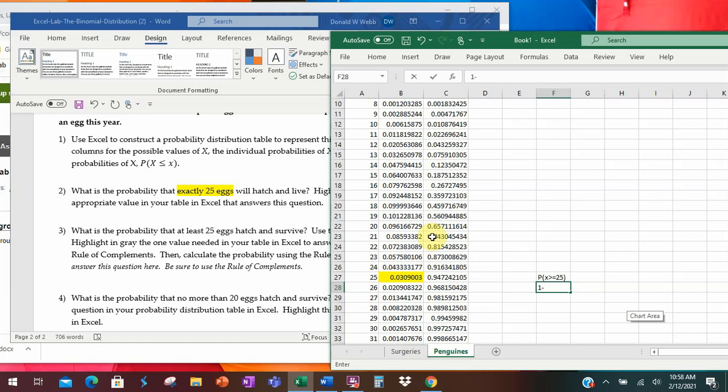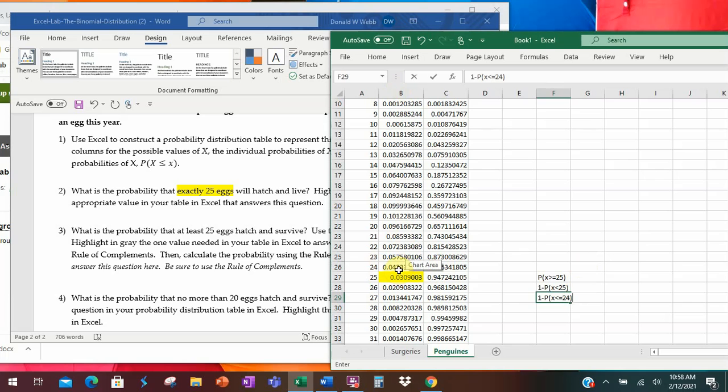1 minus the probability of X less than 25, which is the same thing as 1 minus the probability of X less than or equal to 24. Okay. I want these subtracted off.